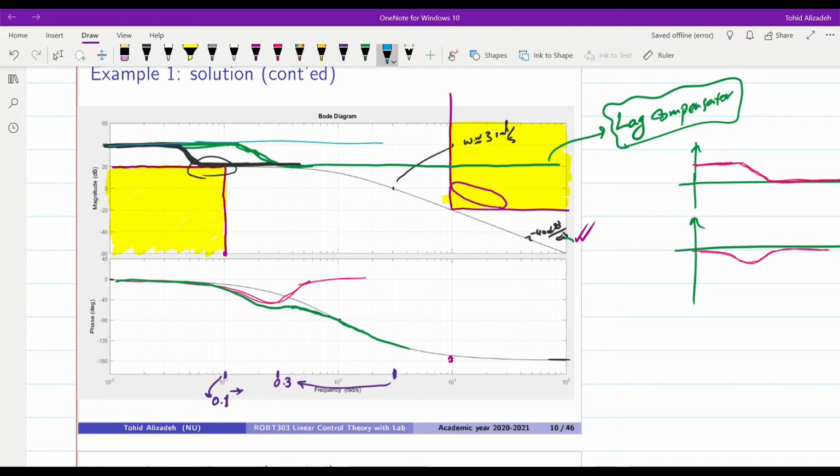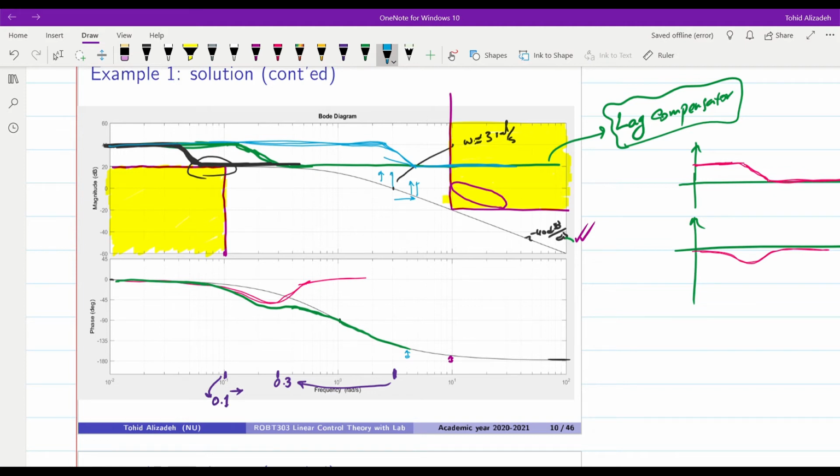And on the other hand, we wouldn't want to have something similar to this as well. So we wouldn't need to have this kind of lag compensator, having the zero of the controller at high frequencies, because in that case the amplitude plot would move upwards, the crossover frequency would move towards the right side, towards bigger values, and as a result the phase margin that we would have obtained would decrease as well.